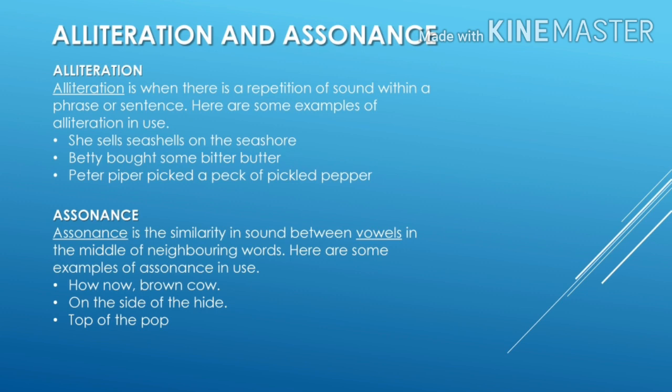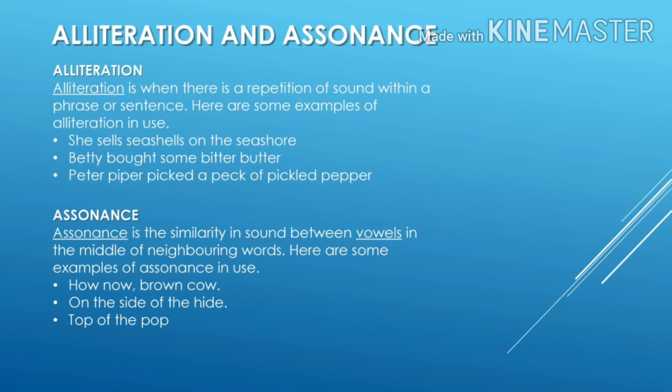So let's see what is alliteration first. Alliteration is when there is a repetition of sound within a phrase or sentence. Here are some examples of alliteration in use. She sells seashells on the seashore. So we see here the S sound being repeated.